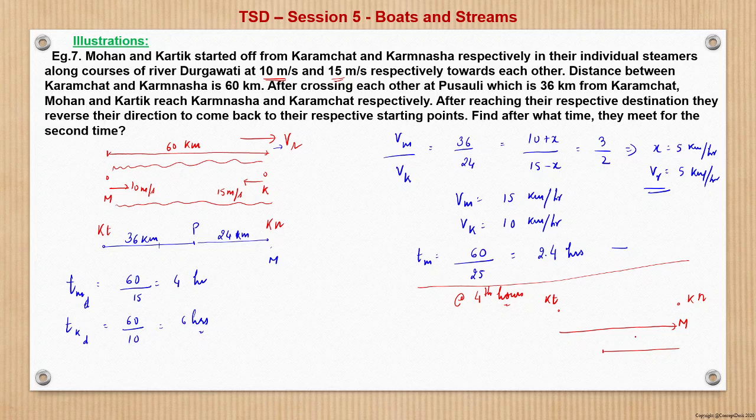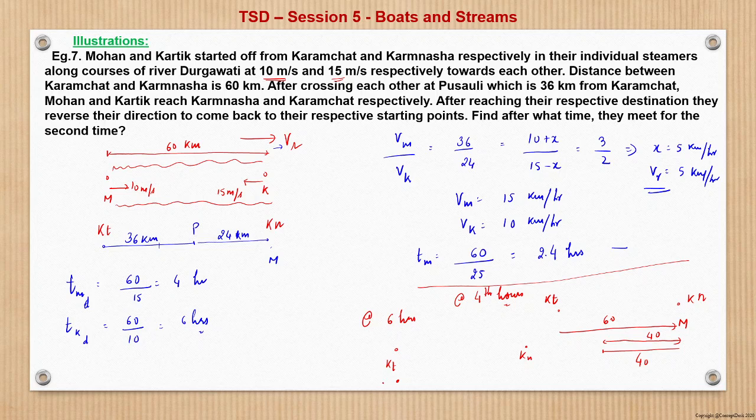At a speed of 10, in 4 hours, he will be at a distance of 40 kilometers from here. This is 60 kilometers. So distance between these two will be 40 kilometers, right? Now, at the end of 6 hours, what will happen? In 6 hours, Karthik will cover 60 kilometer. So Karthik will reach the point Karamchat from Karmnasha.